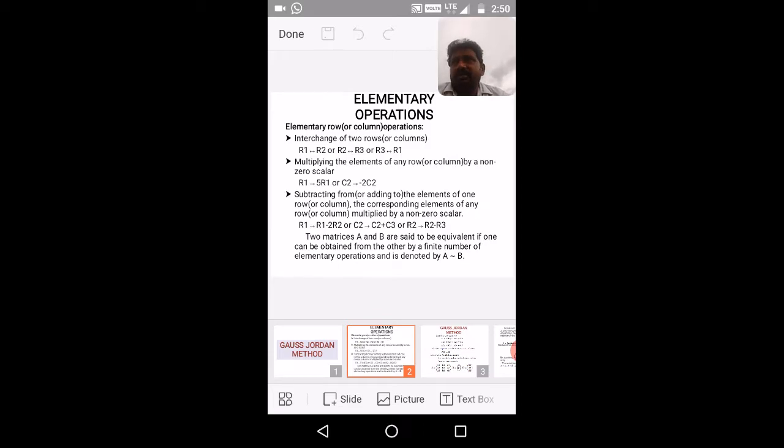Like R1 minus 2 R2 means you have to change R1 with the resultant elements of R1 minus 2 R2, that is, subtract twice the second row elements from the corresponding elements of R1. So these are the main operations we have to do.